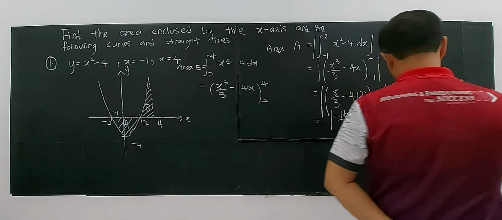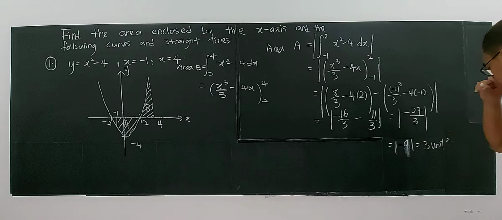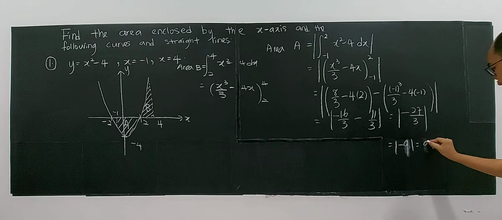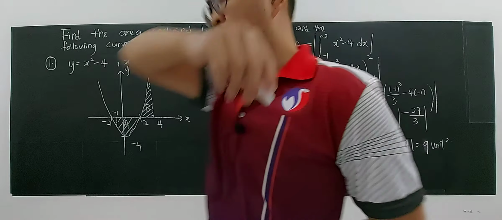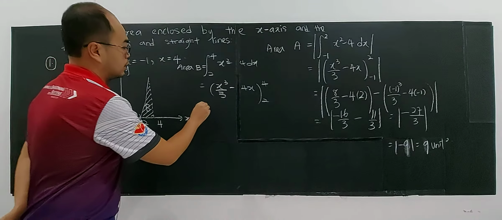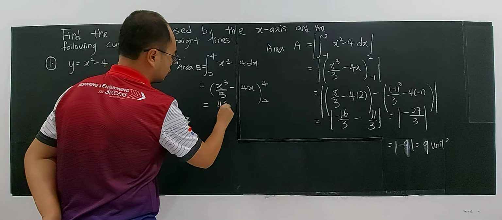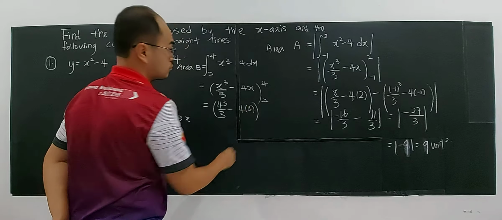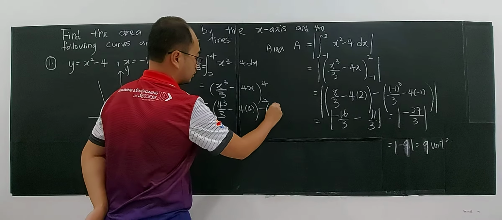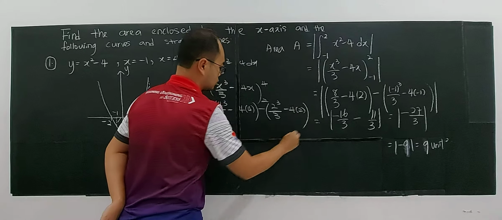Sorry, the value here should be 9 units square, as 27 over 3 is 9. Now substitute with 4 cubed over 3 minus 4 times 4, take away 2 to the power 3 over 3 minus 4 times 2.